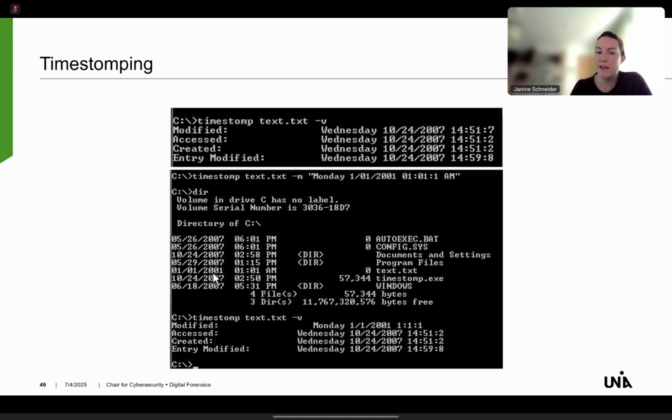But there are also ways to find out that timestomp has been used. There is one paper by Frank Breitinger et al., where they searched for artifacts of timestomp usage in forensic images, and they found out that there are certain factors and inconsistencies that can be analyzed.